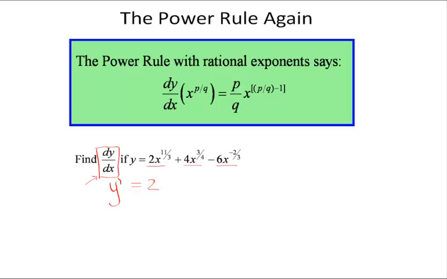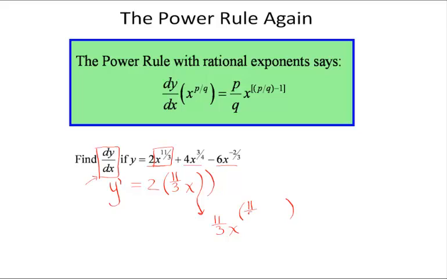Here, our coefficient pops out front. That number, that constant, just pops out front. Now we're going to use the power rule on the function that's left, which says the power pops down front, and I reduce the power by 1. I would have 11/3 x to the, and here's what I do.